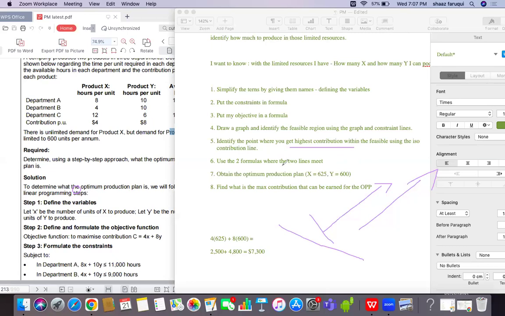At that point, see which 2 lines meet. Use the 2 formulas for those 2 lines and obtain the optimum production plan. Using the optimum production plan, you can find out the maximum contribution. 8 simple points.